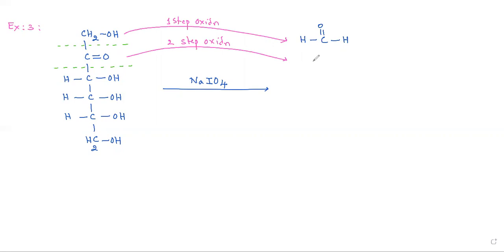In the second step oxidation, you get carbon dioxide, CO2. Very important. First an acid, then CO2. This is very important. Acids on further oxidation form carbon dioxide.